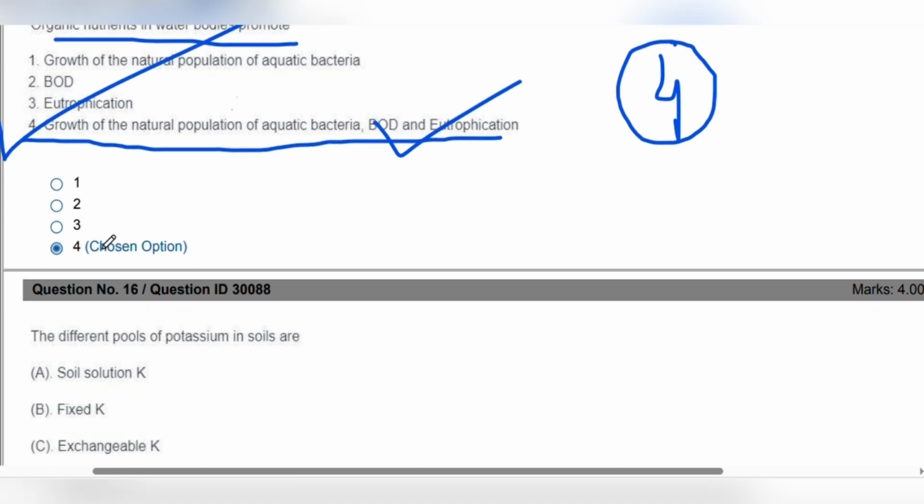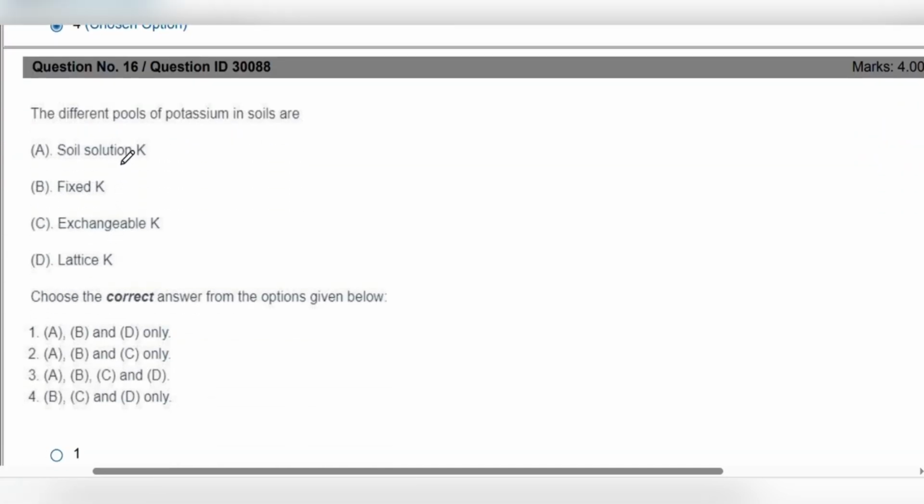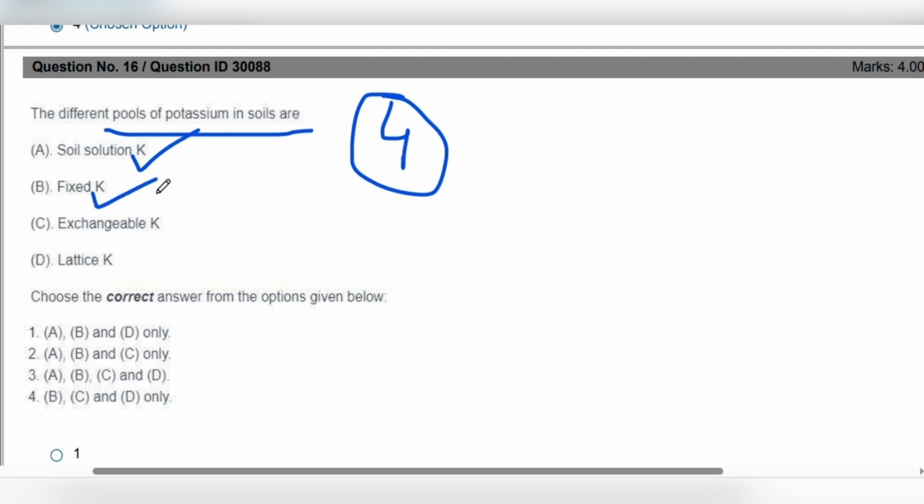Question number 16. This is a very easy question from the potassium chapter. If you have read any standard textbook, we all know there are 4 pools of potassium in the soil: soil solution K, fixed K, exchangeable K, and lattice K, which is in the lattice of primary minerals. That is totally non-exchangeable.